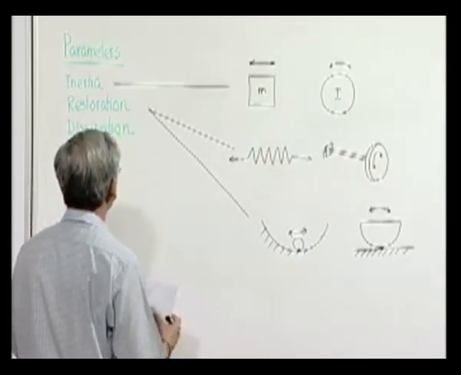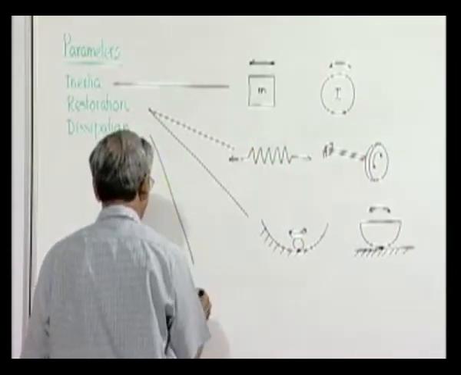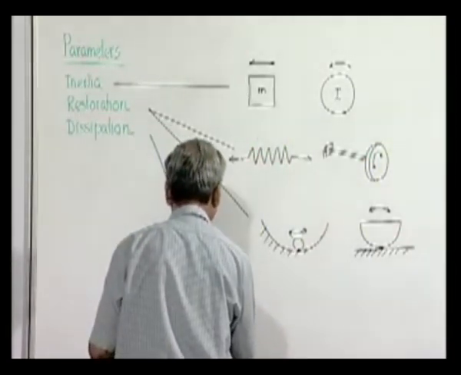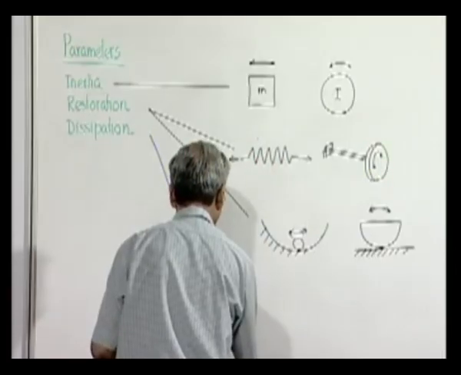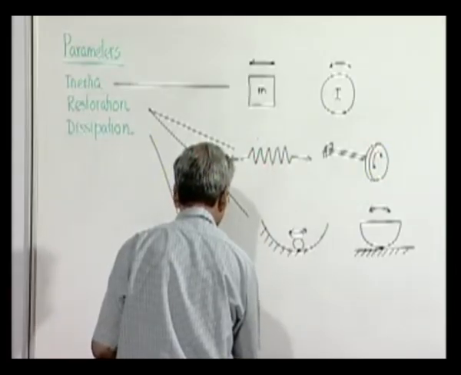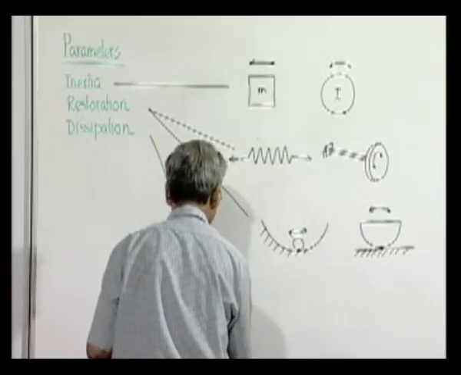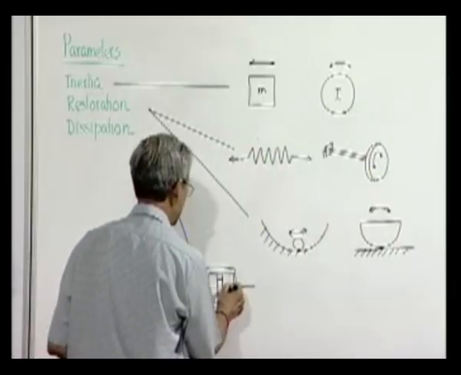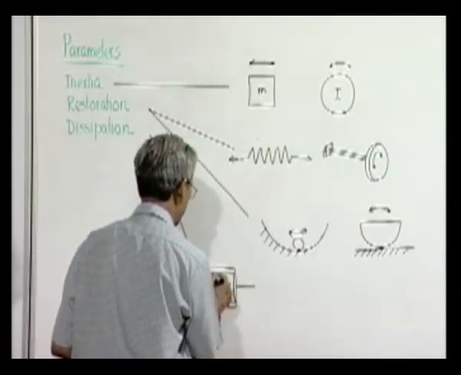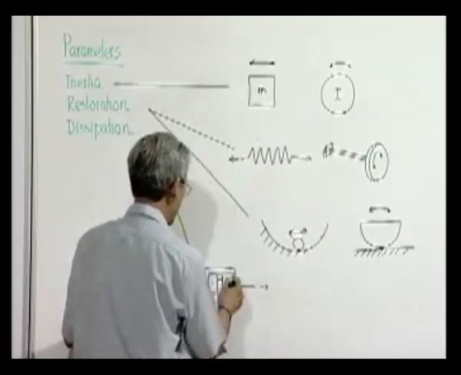Similarly, dissipation again can be of three types as you have seen. One is simply fluid based. What this does: there is a piston with some narrow holes, and that piston moves in a cylinder. And it is completely filled up with a viscous fluid. So when we pull it, what happens?